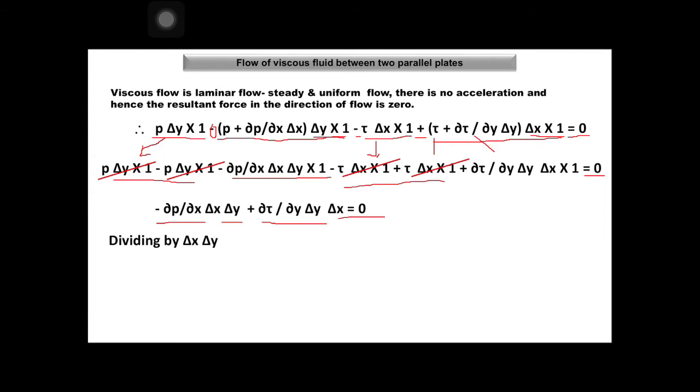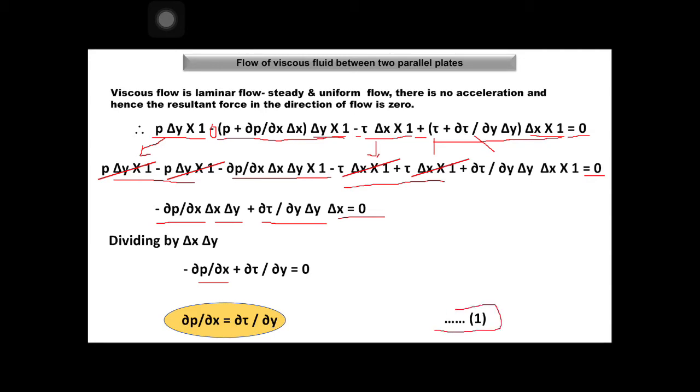If we divide this equation by delta x into delta y, we get minus delta p by delta x plus delta tau by delta y is equal to 0. This is simple mathematics, and finally you get the final equation, which is delta p by delta x is equal to delta tau by delta y. Consider that this is equation number 1.